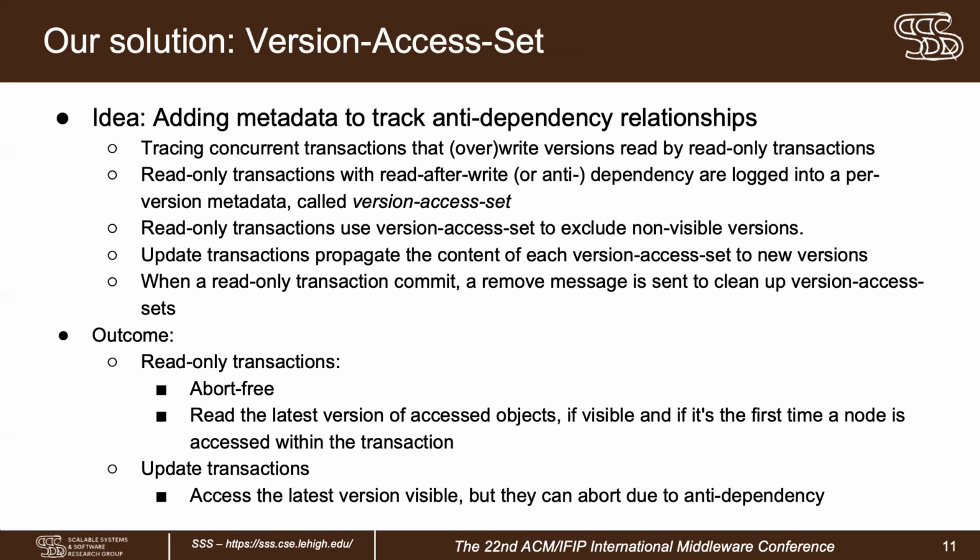The outcome of our protocol is that, similar to Walter, we let read-only transactions be abort-free, but we also let read-only transactions read the latest version of accessed objects if visible and if it's the first time that the node is contacted for accessing one specific object.